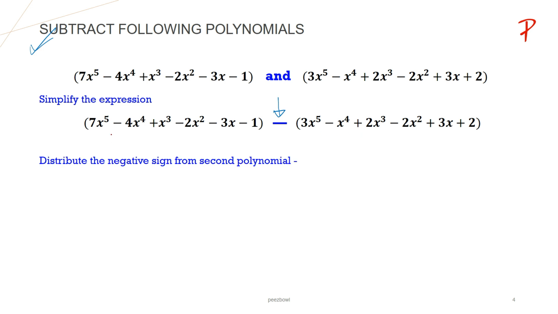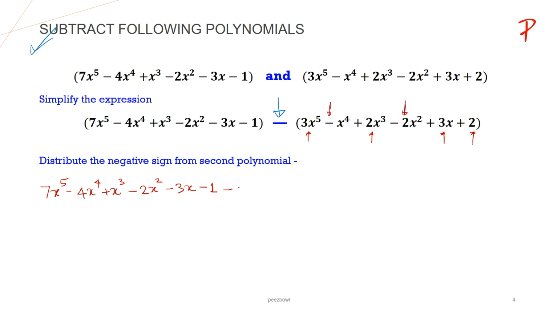Okay. So I will write the first polynomial as it is, and for the second polynomial I am only going to change the sign of each term in order to distribute the negative sign. Okay. So whatever plus we have, I am going to turn it to minus. All these terms will become minus and all the minus terms will become plus, right?